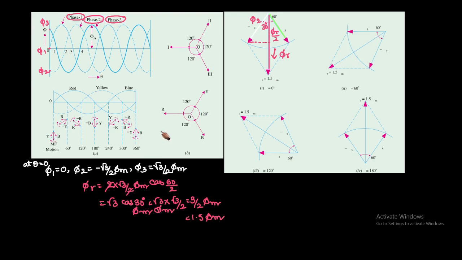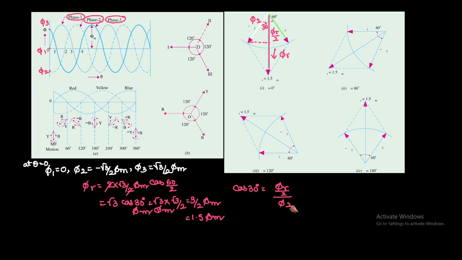That is the resultant flux. How are you getting it? If you take phi r by 2, from that triangle, cos 30 is equal to phi r by 2 divided by phi 2.